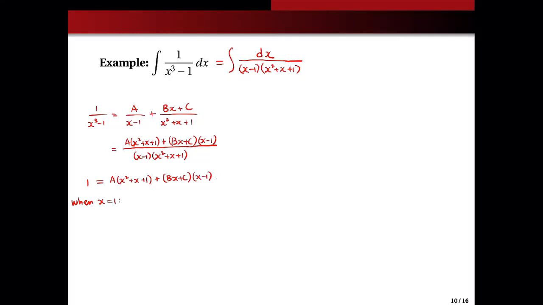So we will have 1 equals a times 1 plus 1 plus 1. This is equal to 3a, and therefore a equals 1/3.